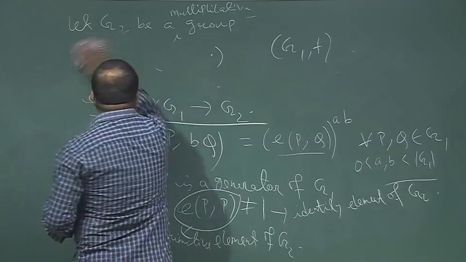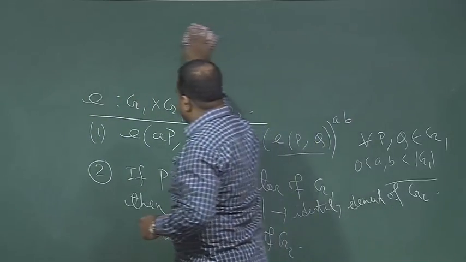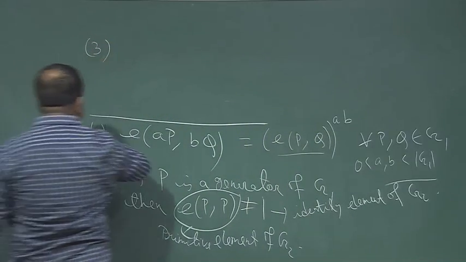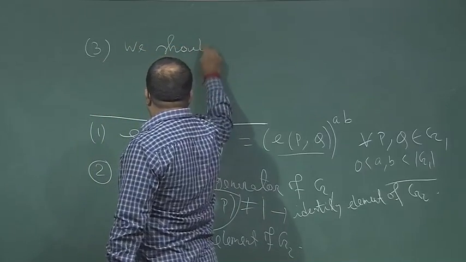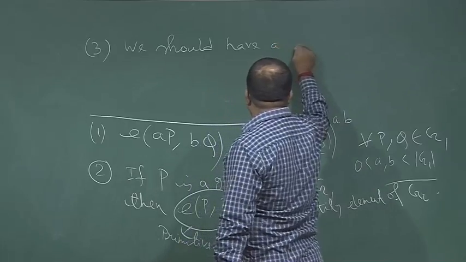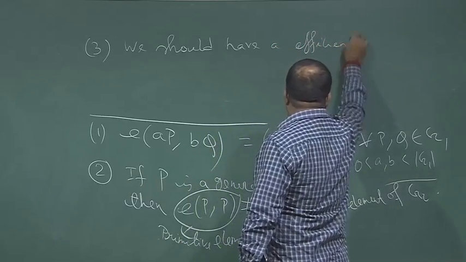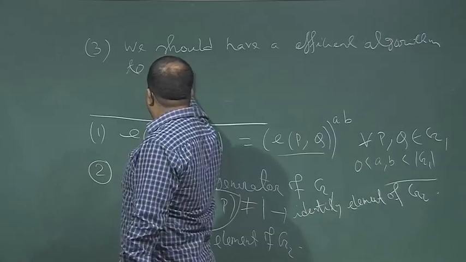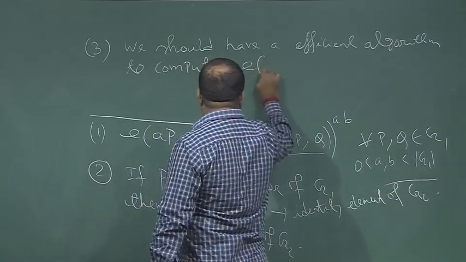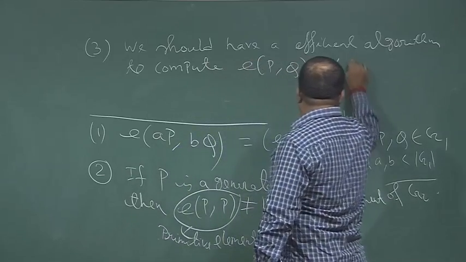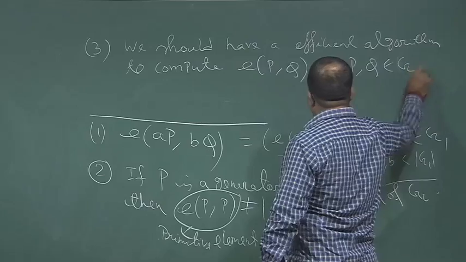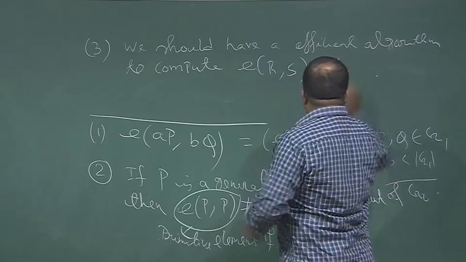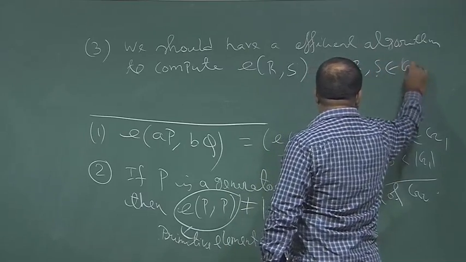The third property is that there should be an efficient algorithm to compute this pairing E(P, Q) for P, Q belonging to G1.